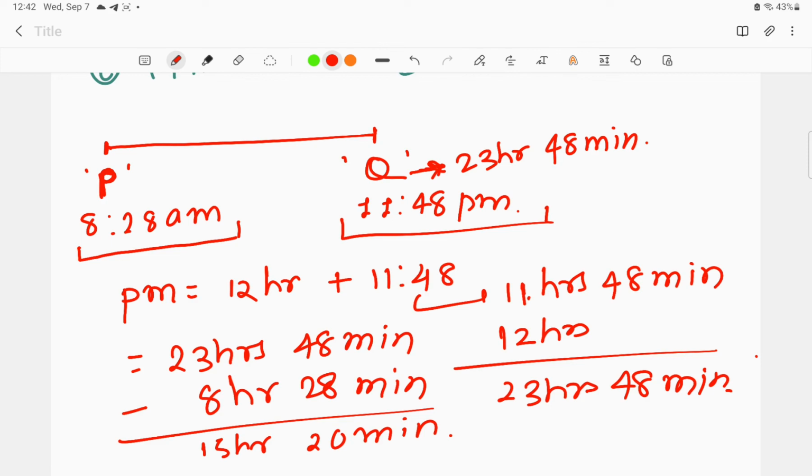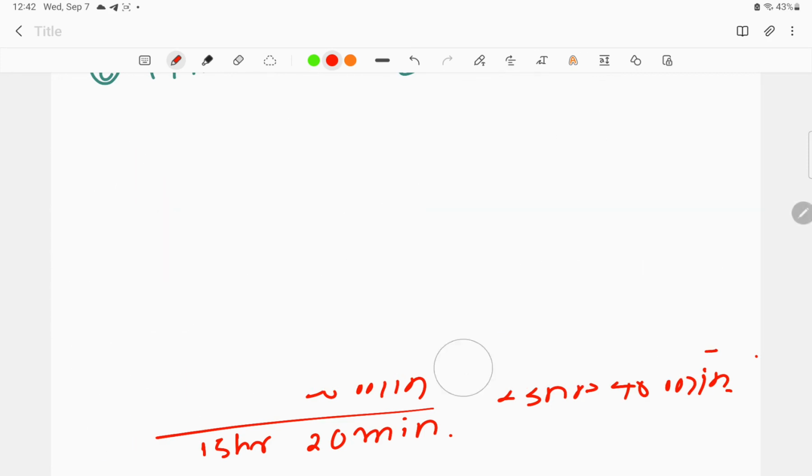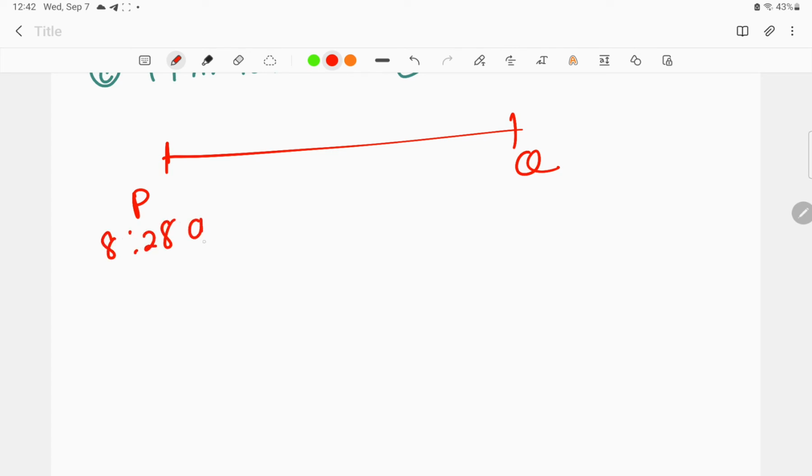Okay, once again, to solve these kinds of PM and AM questions, the very first thing we have to do is note that this train is starting its journey from P to Q. At P the time was 8:28 am and at Q the time was 11:48 pm. So the very first thing you have to do is convert the PM into hours.